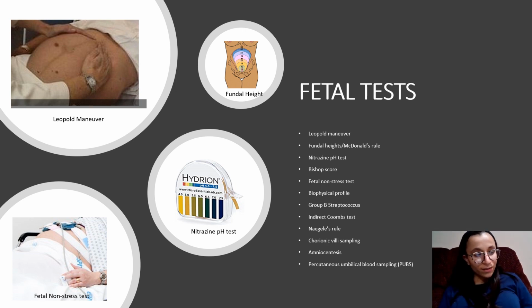It's non-invasive. They monitor the baby's heartbeat, movements, and the mom's contractions. It's usually done when the baby's overdue, or let's just say you came in and said, I don't feel my baby. Then they do that to make sure the uterus is contracting and the baby is moving.